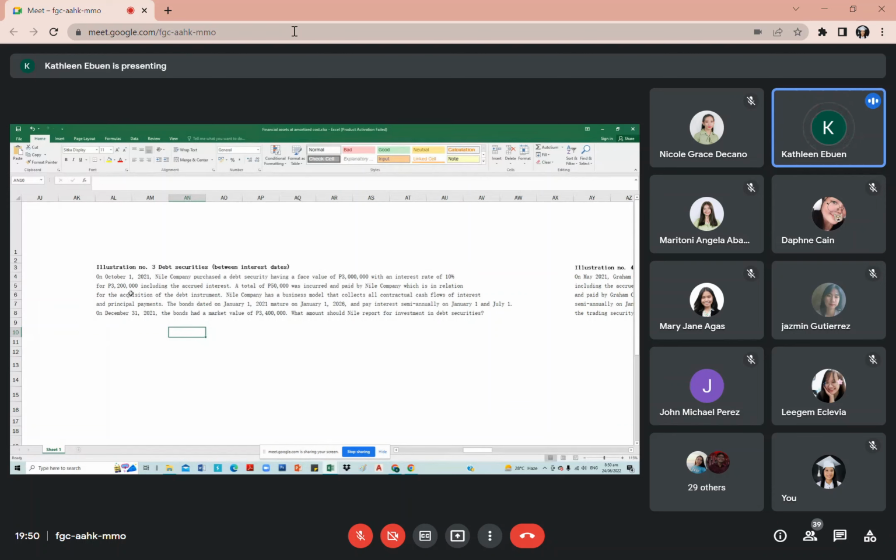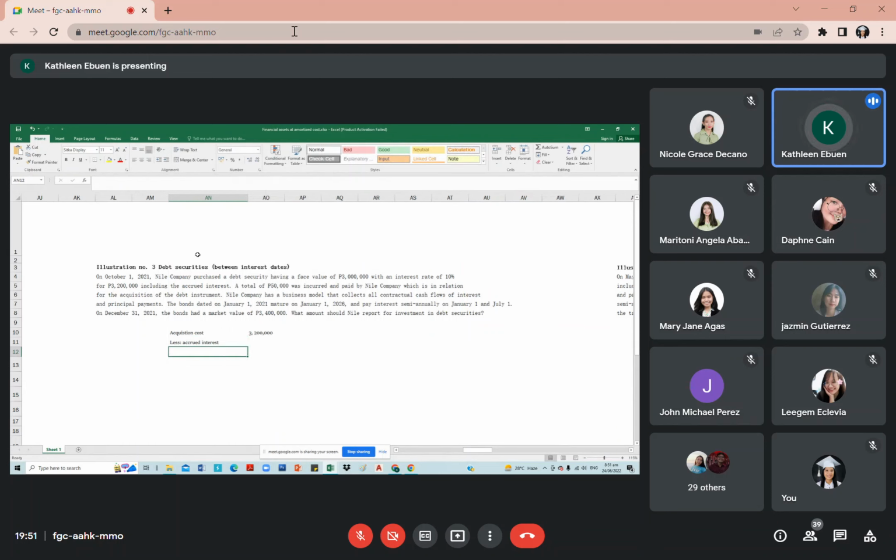Okay, so yung acquisition cost natin, class, is 3,200,000 including accrued interest. Hindi po natin isasama si accrued interest, therefore kailangan natin siyang tanggalin. Less accrued interest. Magkano si accrued interest?